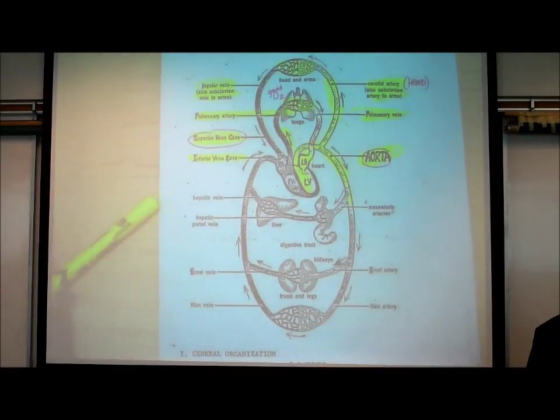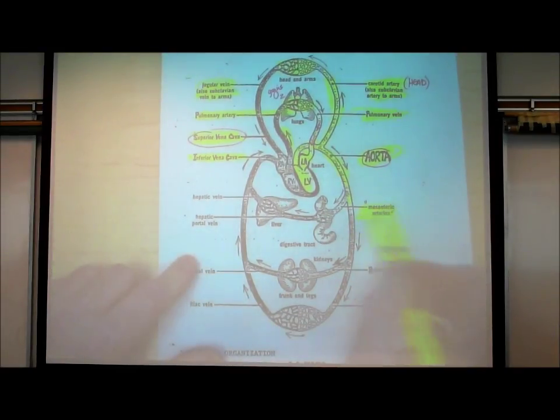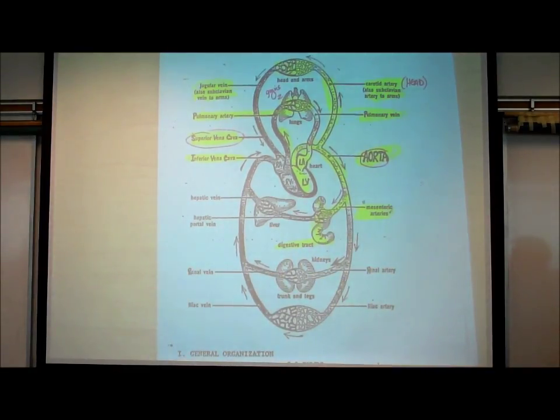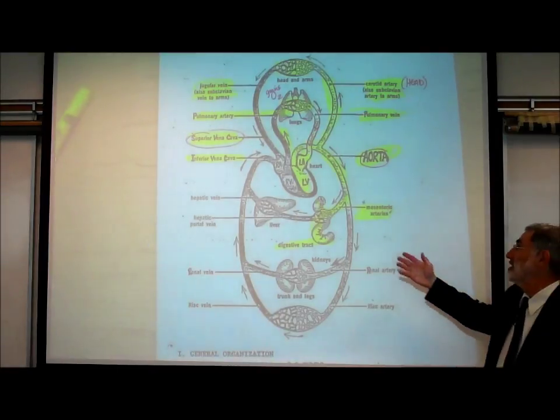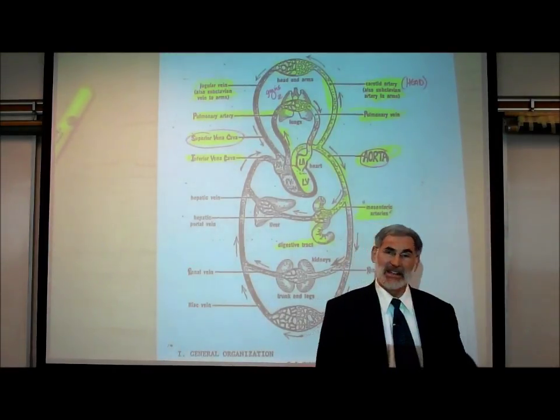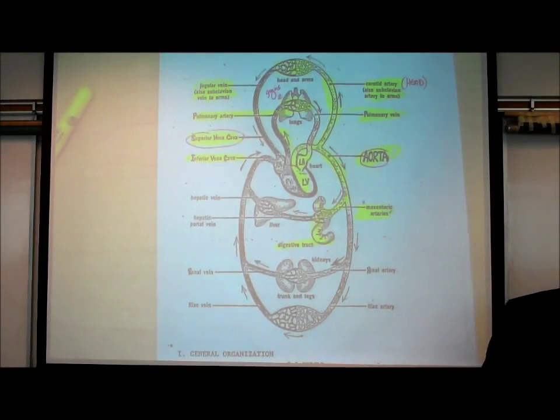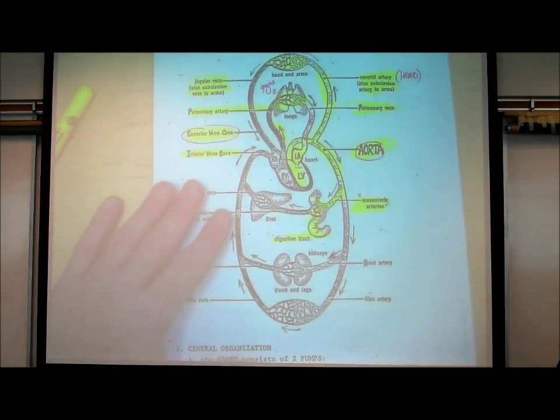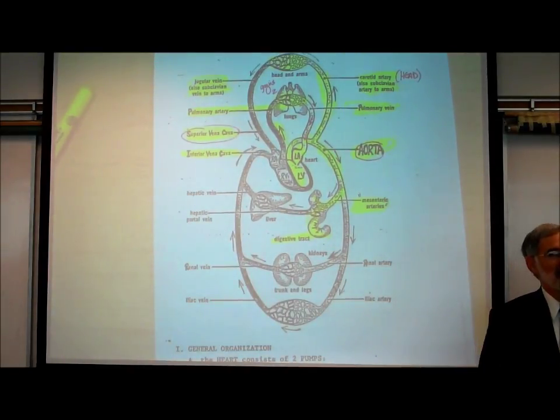So there are these mesenteric arteries that carry oxygenated blood to the digestive tract. Now, when I teach Biology 3, we just say mesenteric arteries. Hey, that's good enough for people who hate science. But whether you like science or not, you're in a science majors course.